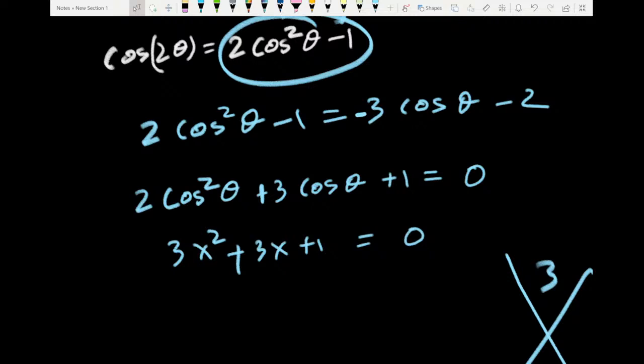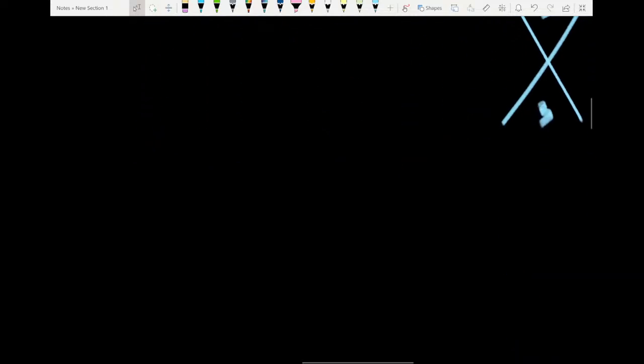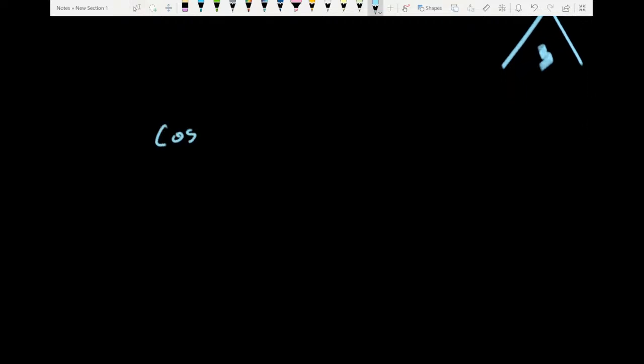It's a bad question. That's a really bad one. I'm gonna give you the points for this one, Francis. But let me look at this problem. Cosine of 2 theta equals negative 3 cosine of theta minus 2.